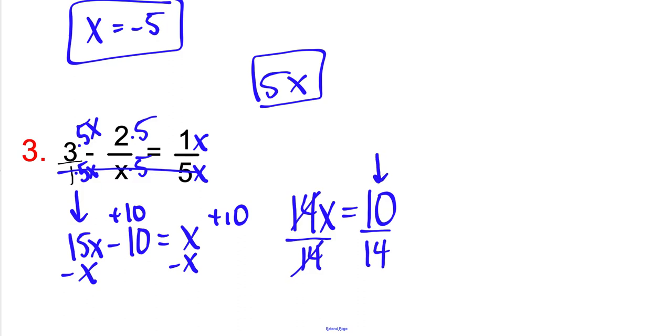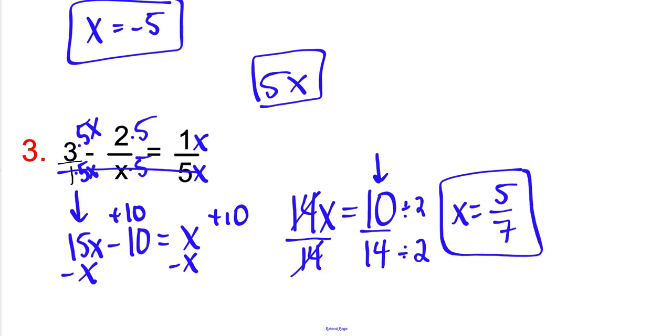So what can we take out of 10 to 14? It looks like just a 2. So reduce it down, we get x equals 5/7. Okay? So it wasn't really much more complicated with a simple variable down there. You do it the same exact way, but you just have to take into consideration that x and the number.